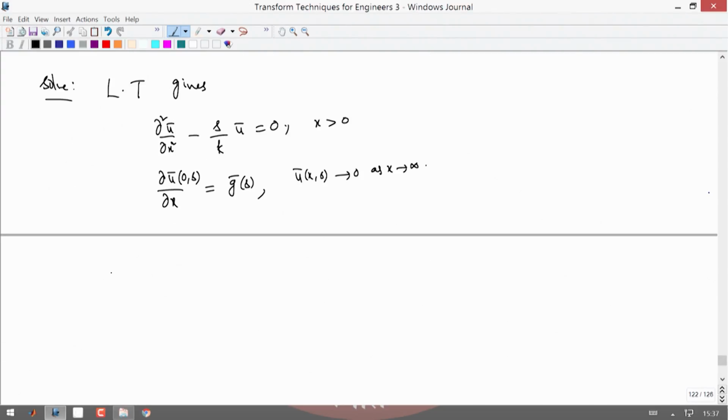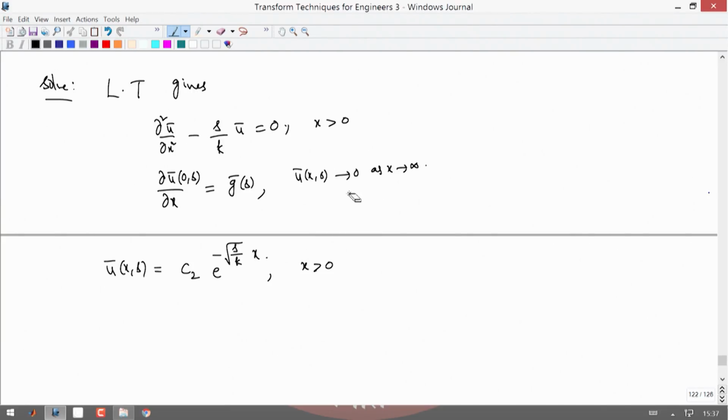Again, for the solution, because of this condition C1 has to be 0. C1 is the coefficient of the exponential of root s by k times x. What you end up with is C2 times e power minus square root of s by k times x for x positive. You lose the other solution, C1 times e power plus root s by k times x.